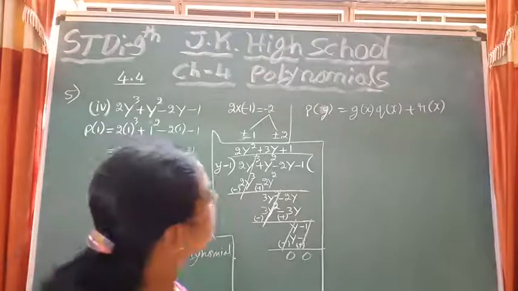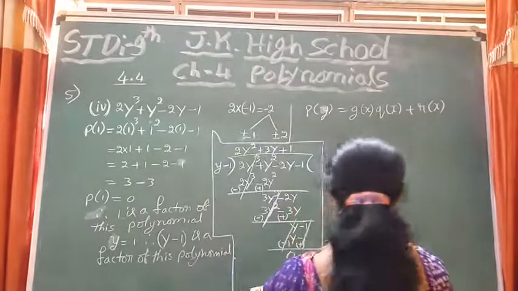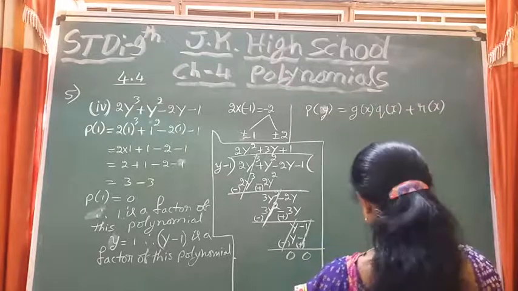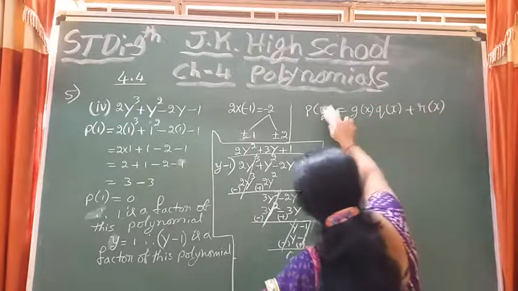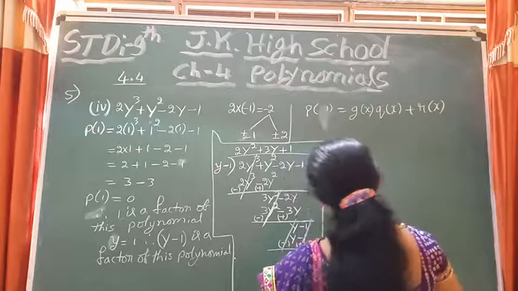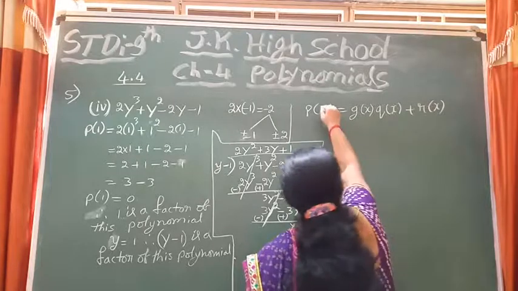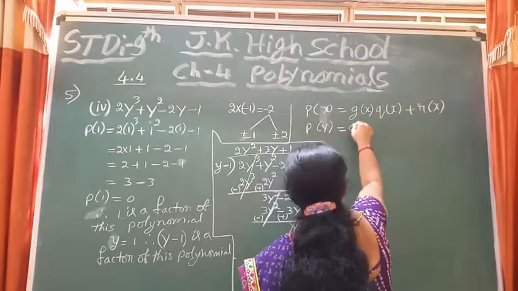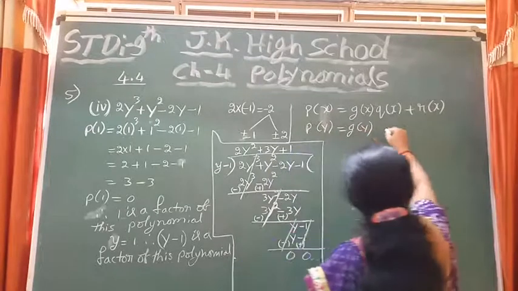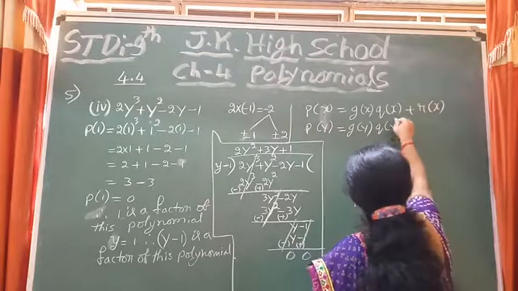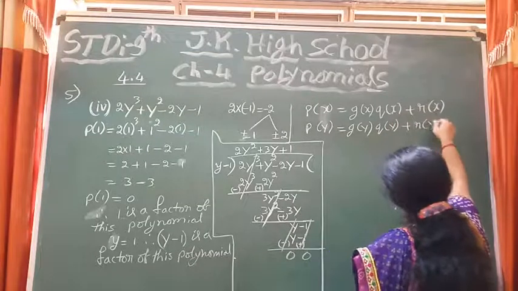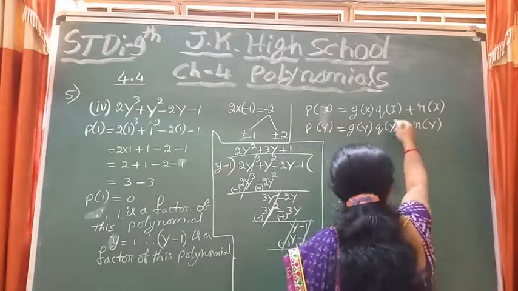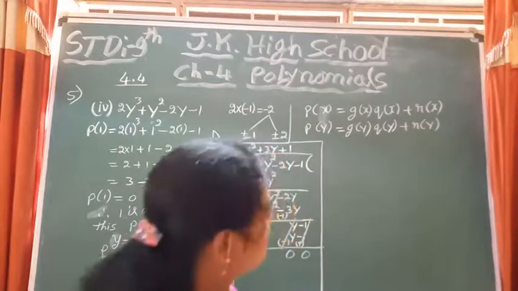P of y is equal to g of y. Be careful, already you have the practice, no? Here they changed the variable, no? So P of y is equal to g of y into q of y plus r of y. All the variables are y here, so I have changed. If you get confusion, once you write it down, then you can change the variable.